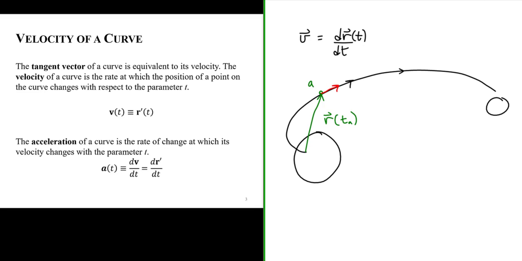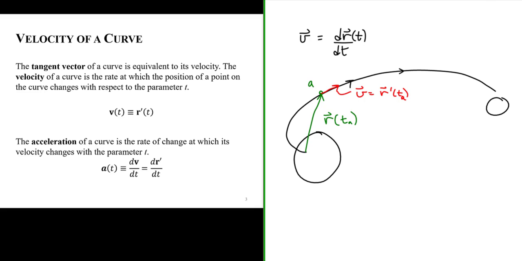And this velocity vector is going to be tangent to the curve at that point. This velocity vector is equal to the derivative with respect to the parameter t evaluated at that point A.